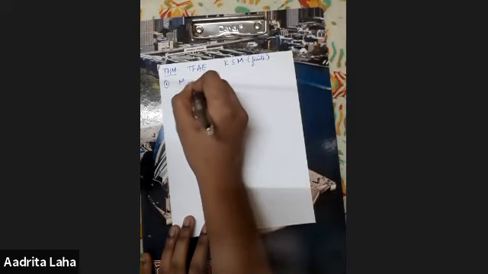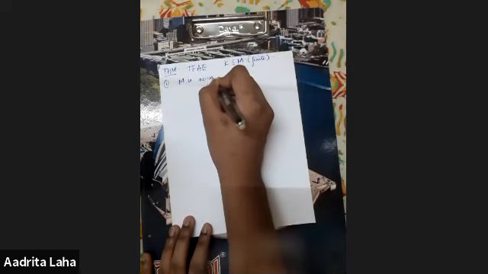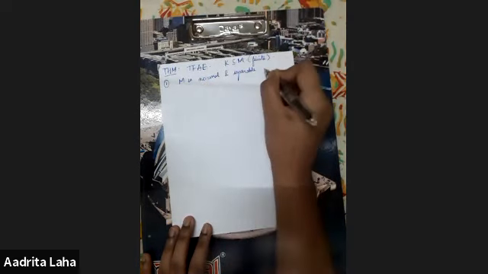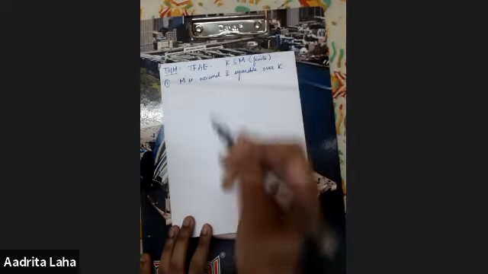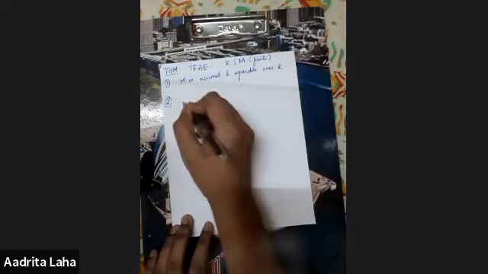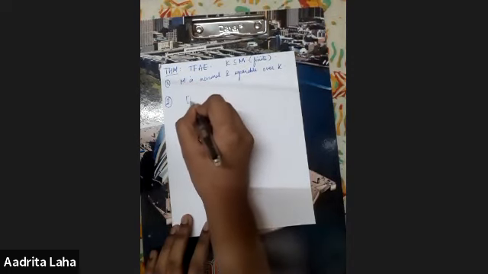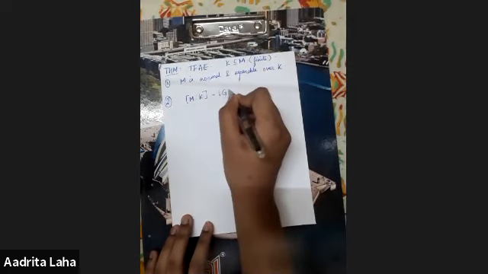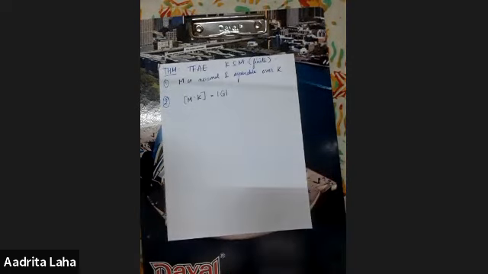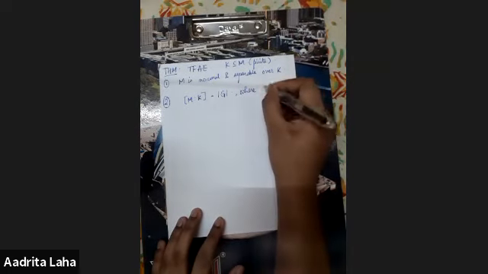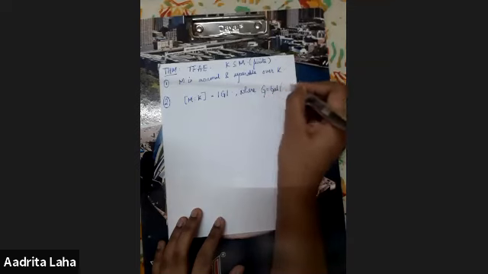So we say M is normal and separable over K. So that is, our extension is a Galois extension. Then our second condition is the degree of M over K is equal to the order of G, where G equals Gal M over K.